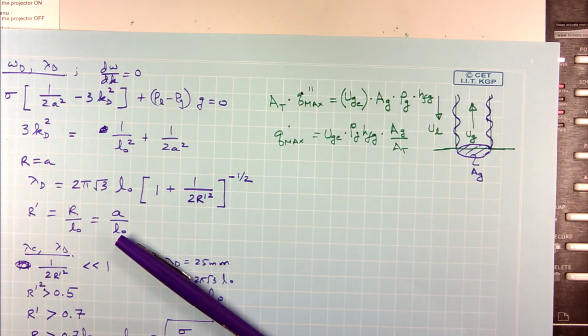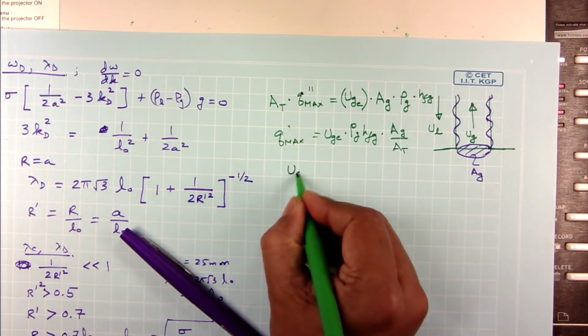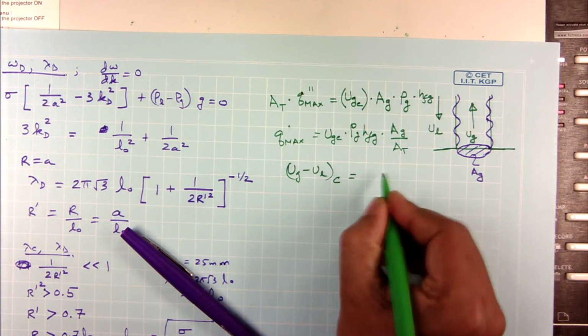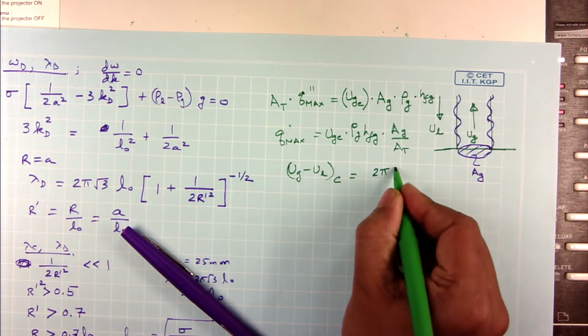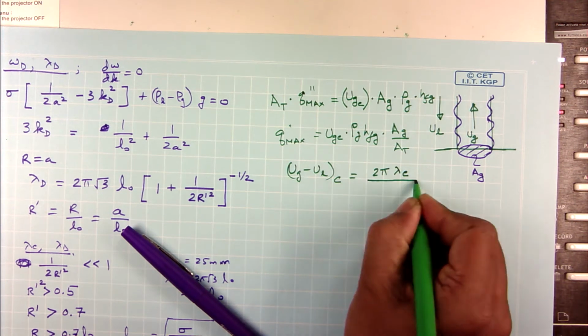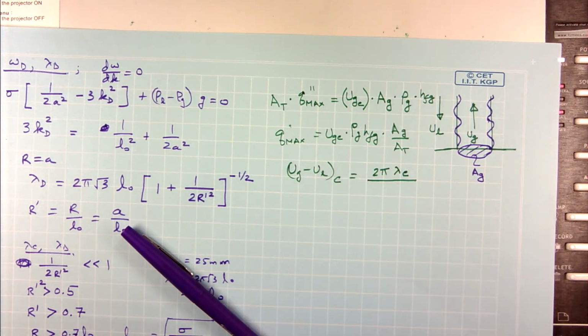Now, what is my UG minus UL, that critical velocity, how much is that? Well, it is 2 pi lambda c, let us see, actually let me take a step back.